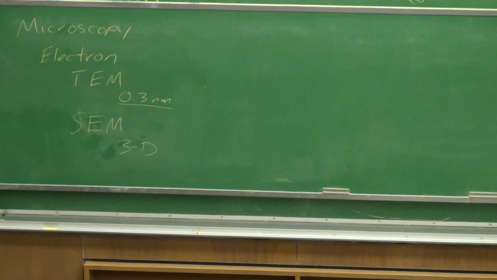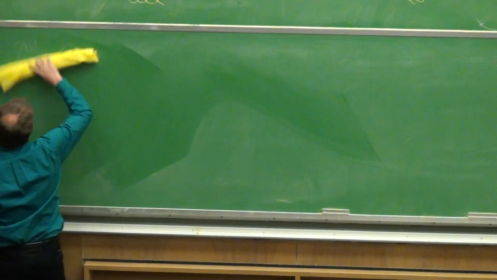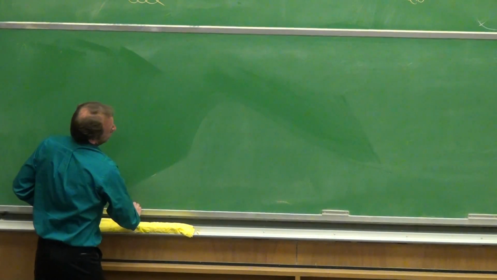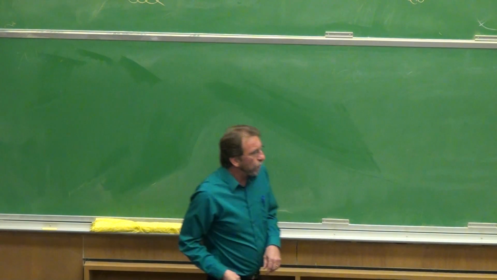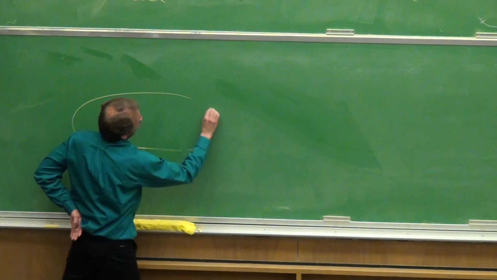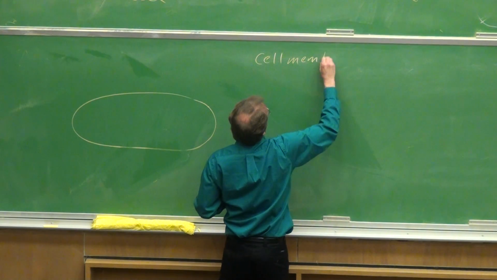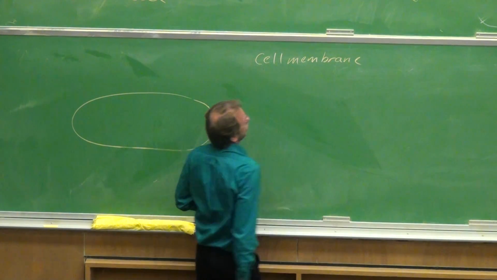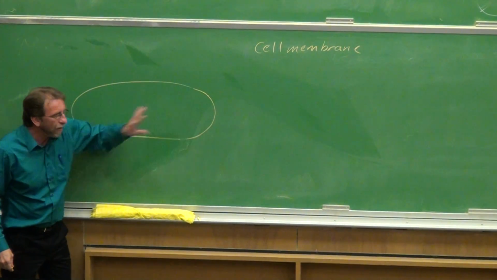Now let's look at the structure of the cells. And we'll start by describing the cell membrane. So I'm going to diagram a prokaryotic cell here, and this is the cell membrane of that cell.